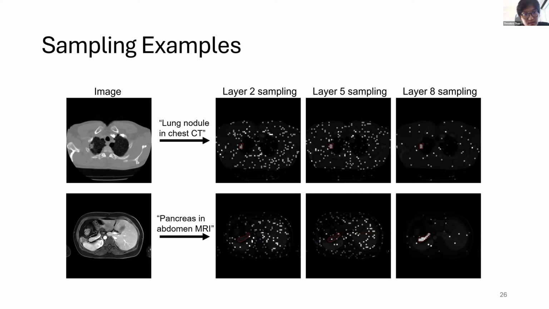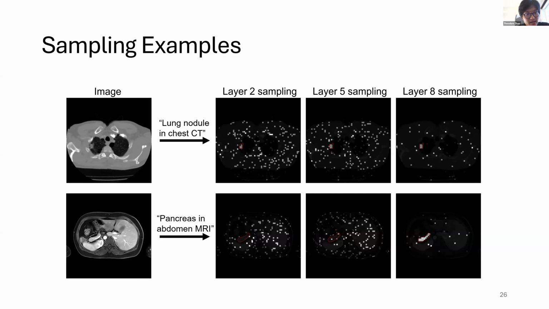In the early layers, the model is trying to explore broadly on the image, and towards the middle layers, it concentrates a bit more on the foreground regions, but still explores a lot of other places. Towards the last layer, the model is very concentrated in the foreground region, but also explores a little bit in other parts of the image.